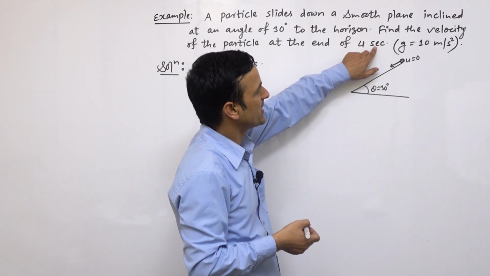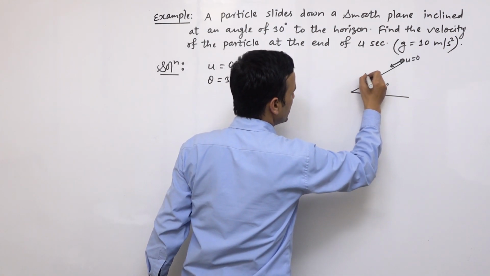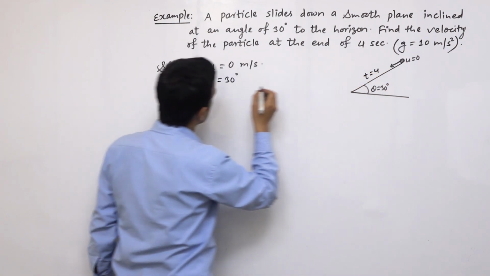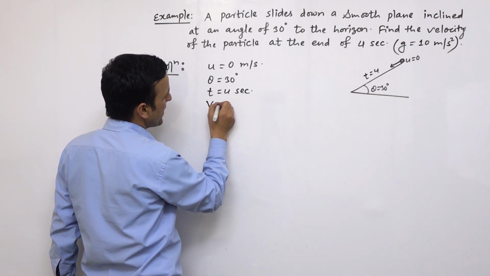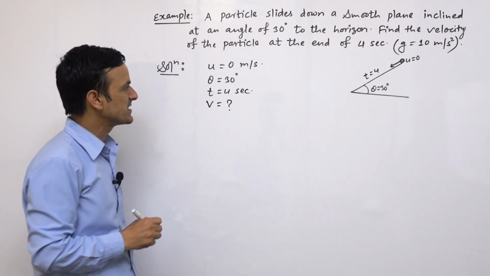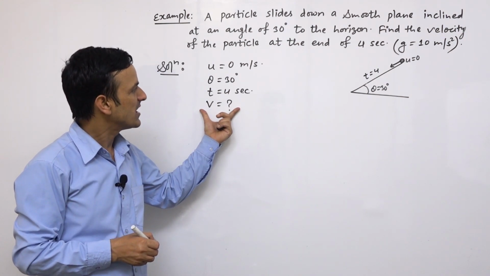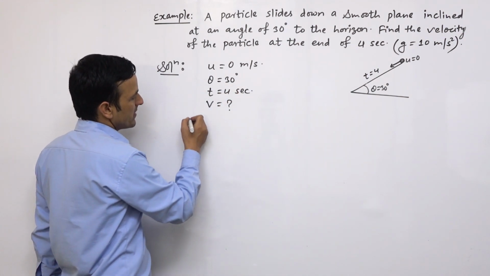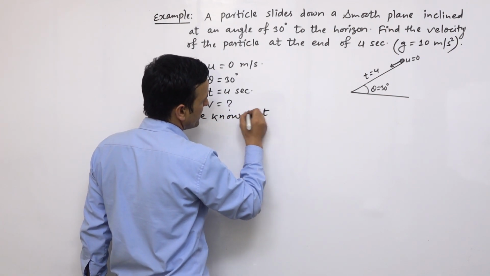So after 4 seconds, what is the velocity of that particle? Time is given, so t is equal to 4. Write down t is equal to 4 seconds, and the final velocity of this object is how much? We have to find this velocity after 4 seconds. So let's write down the formula of v.